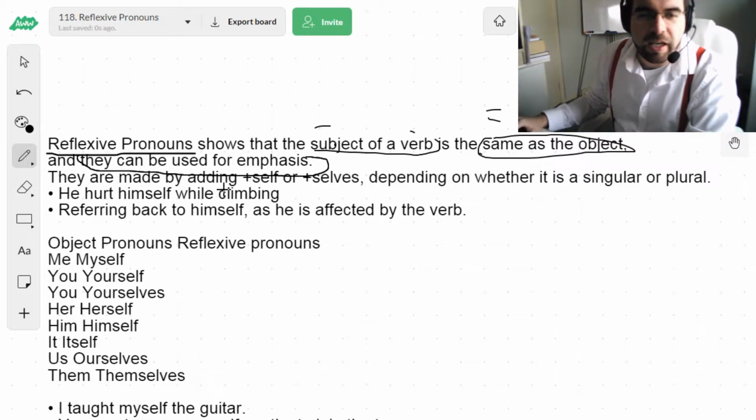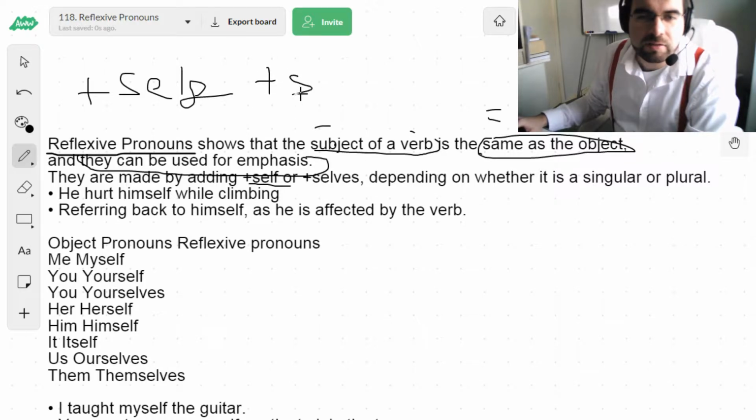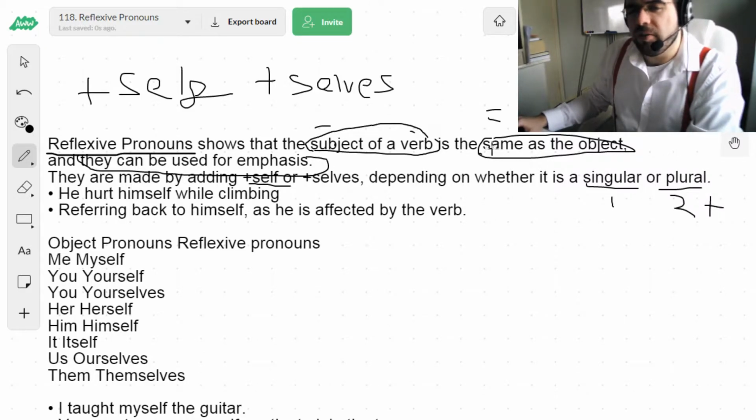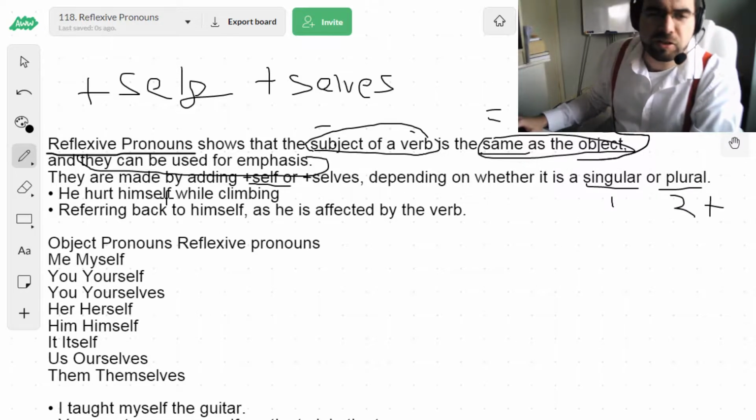They are made by adding self and selves, depending on whether it's singular or plural. So the subject of a verb is the same as the object. Okay, let's look at some examples.